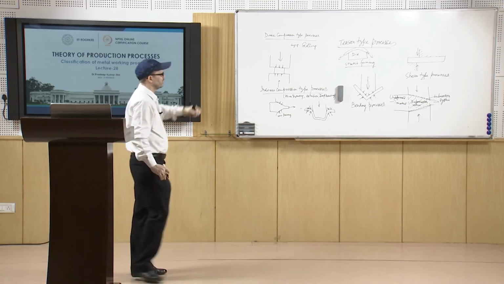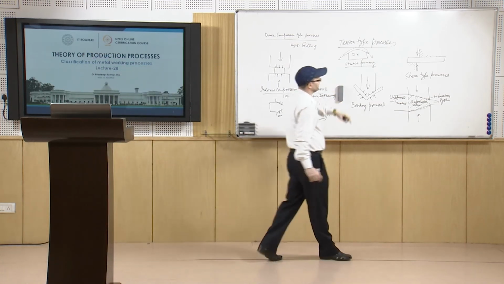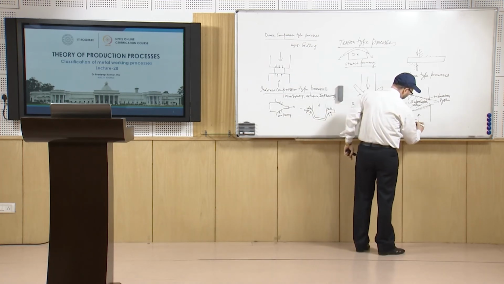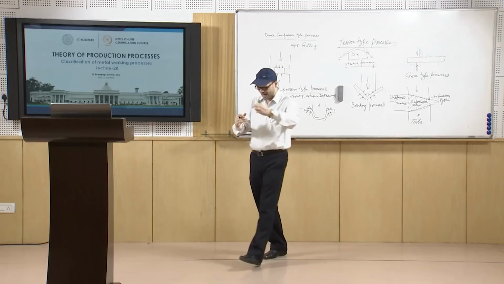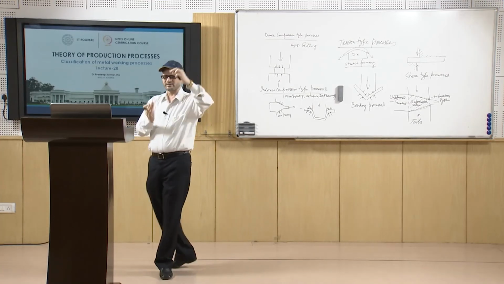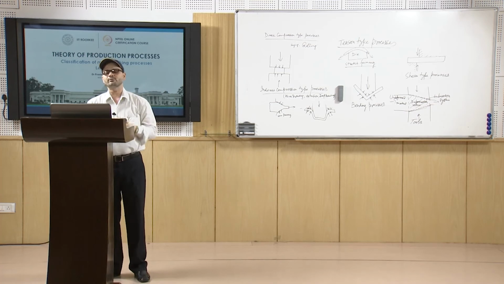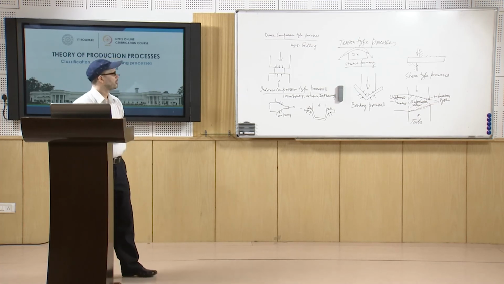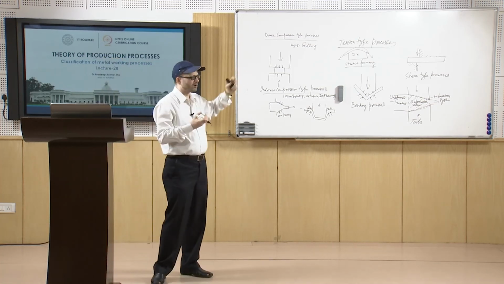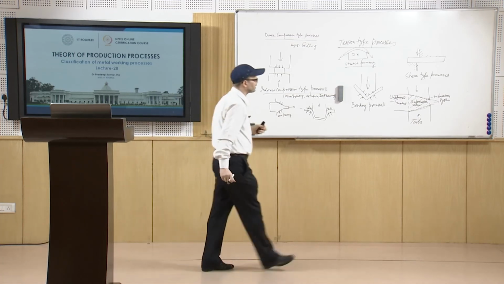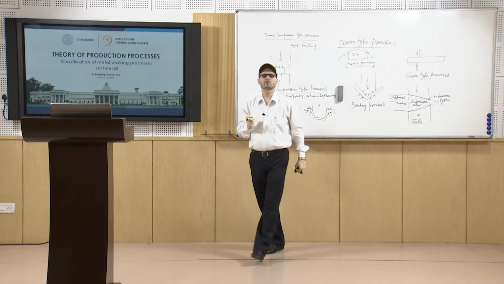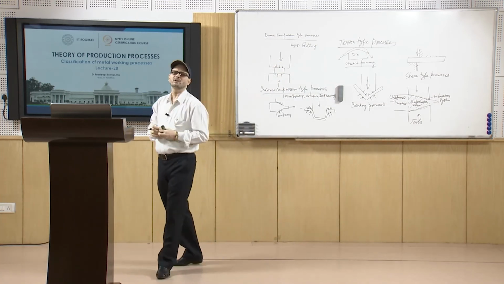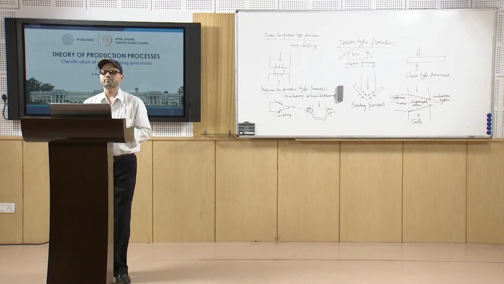As we see, you have these tools. The workpiece is in contact with these tools which are non-deformable. So a lot of things are going on at this interface. You have heat transfer going on, and you have friction working.